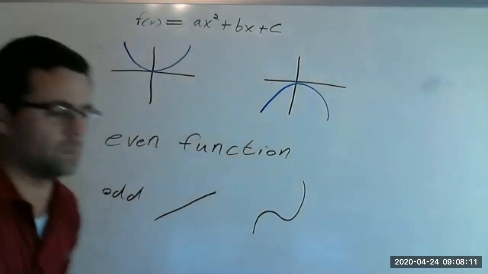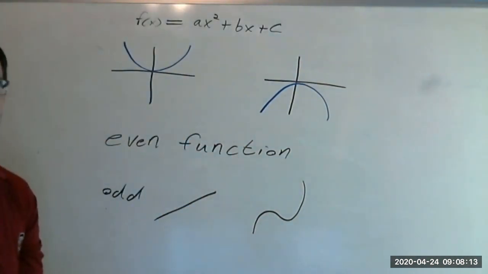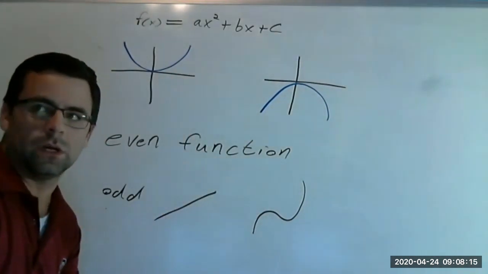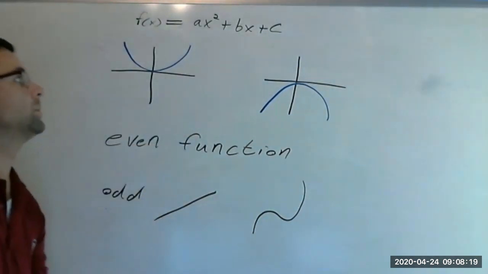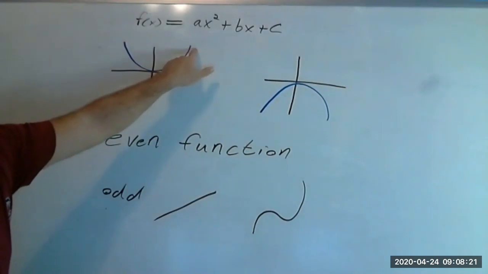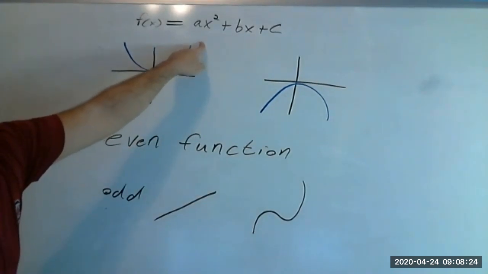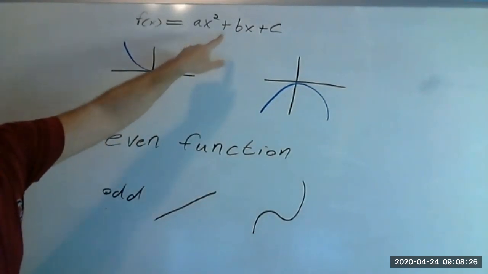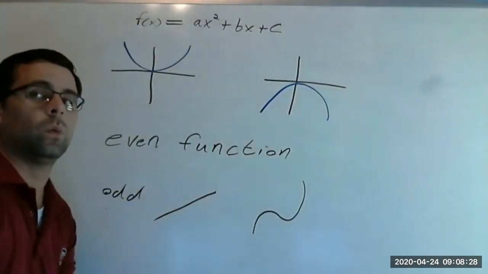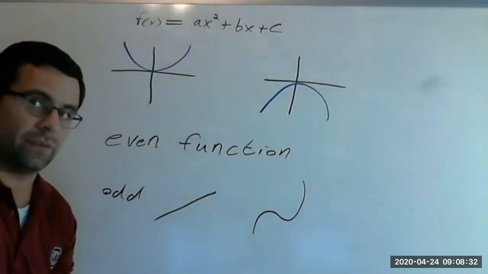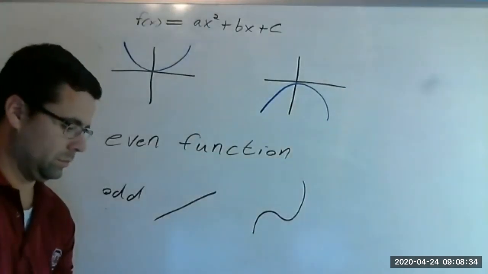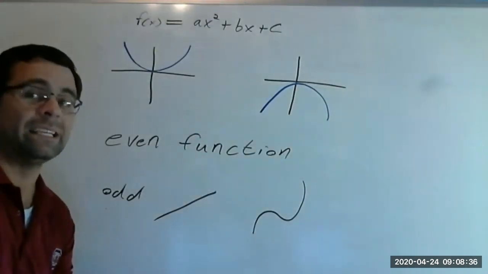But let's look at what happens where those ends are. In order to get all the way to the very end of this, what do we know about the x value at the ends?